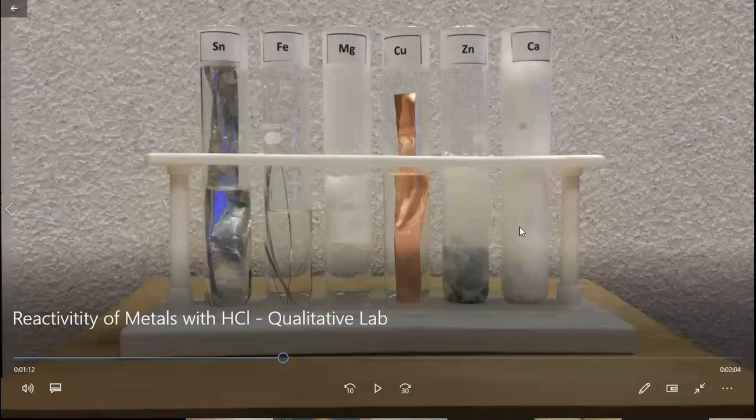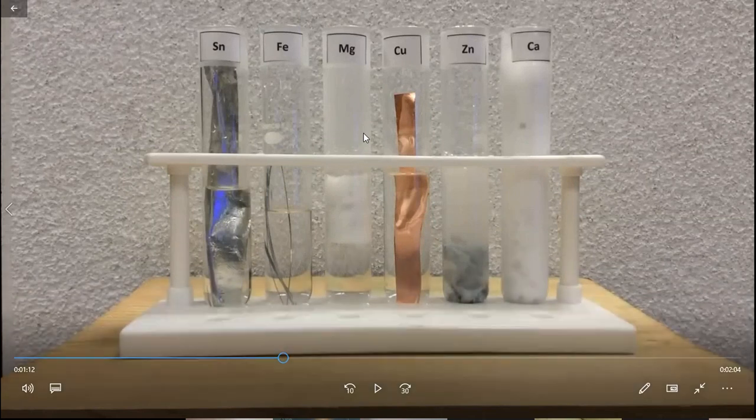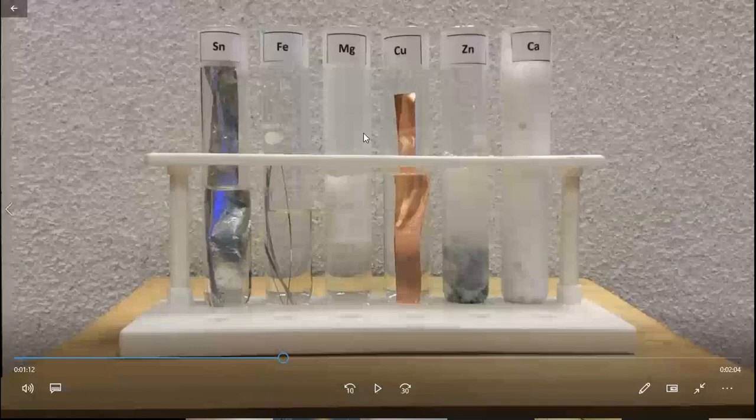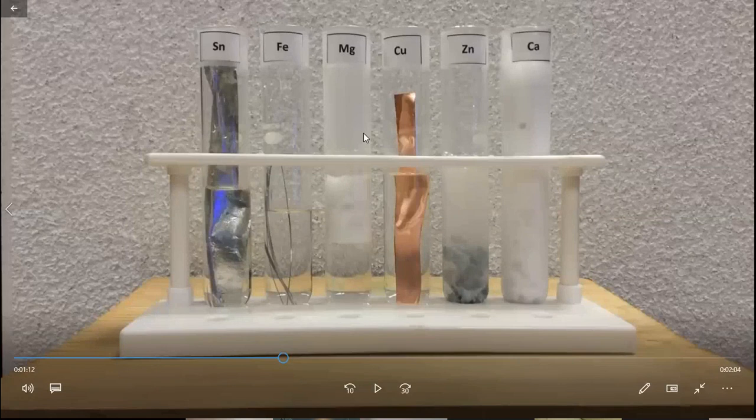What is the next metal based on the reactivity after calcium? Magnesium or zinc?